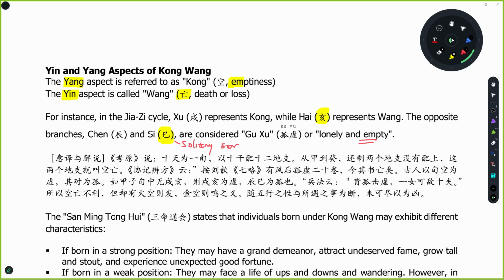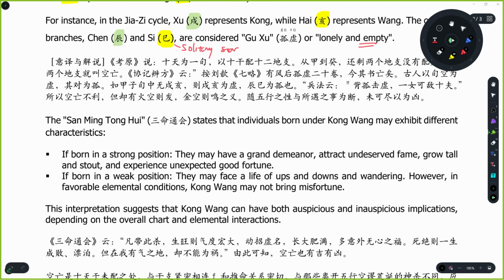Later when we go into the chapter for solitary star, we already have the code, so to speak, to get the solitary star. So the lonely and empty also comes into it. Here we find that the dog will then clash with the dragon. So the dragon becomes your so-called lonely and empty star as well. Therefore here we find the so-called yin and yang of the Kong.